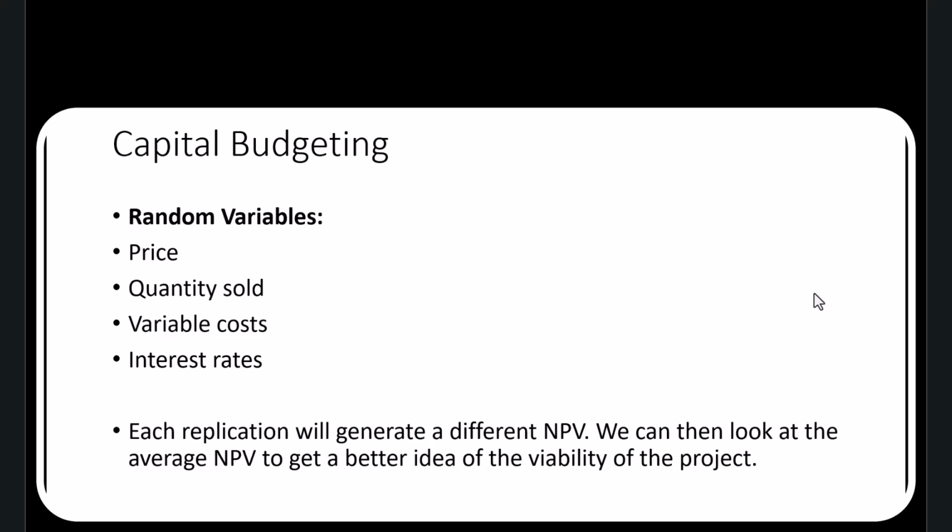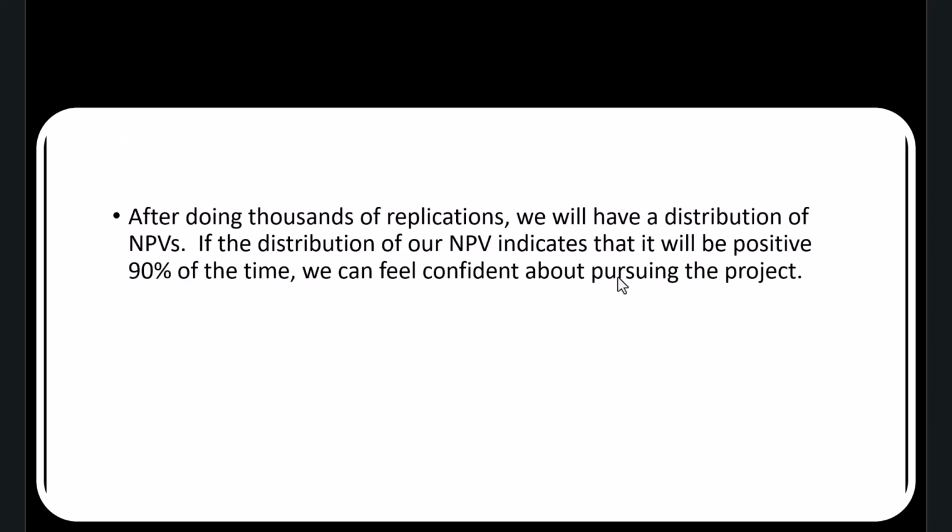We're allowing price might change, and quantity would change, as well as variable cost and interest rates. And we calculate an NPV. And we do many replications of this, and then we'll look at the average NPV to get a better idea of whether the project is viable or not.